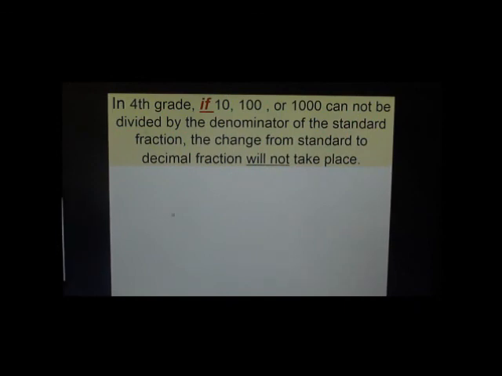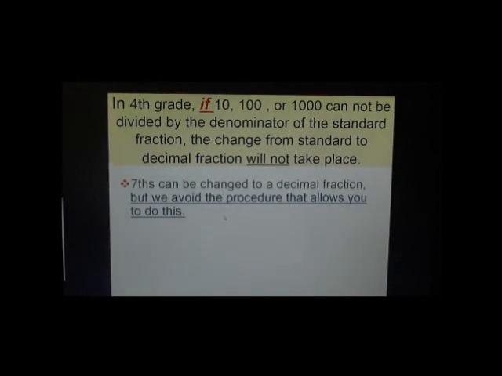Now, at this particular grade level, if the first 3 decimal places, tenths, hundredths, and thousandths, cannot be divided by the denominator of a standard fraction that you're trying to change, then you will not be required to change it. Because there is a method for changing that. For instance, sevenths do not divide equally into 10 or 100 or 1,000.